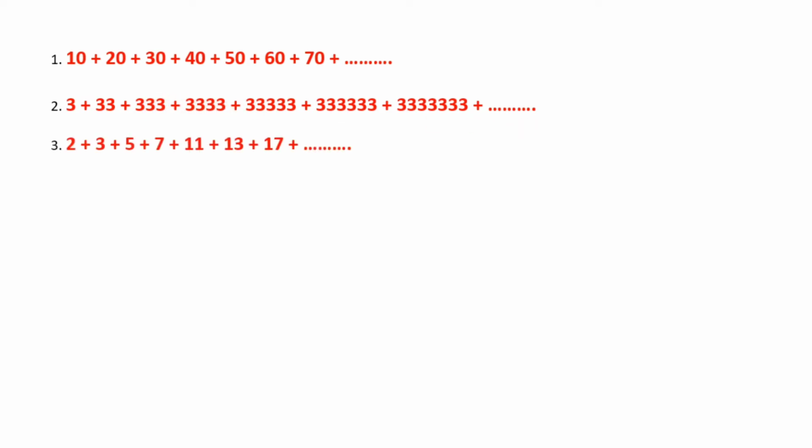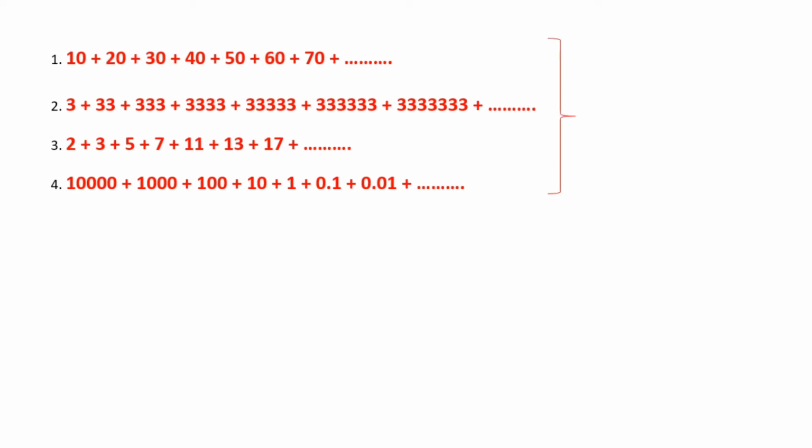And the third one 2 plus 3 plus 5 plus 7 plus etc. and so on. And fourth one 10,000 plus 1000 plus 100 plus 10 plus 1 plus 0.1 plus and so on. So you can see the difference between the previous one, means the examples which we used to define the sequence, and this one, here we have taken the sum.